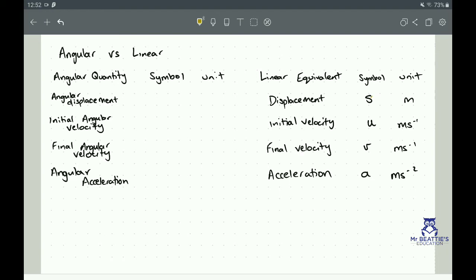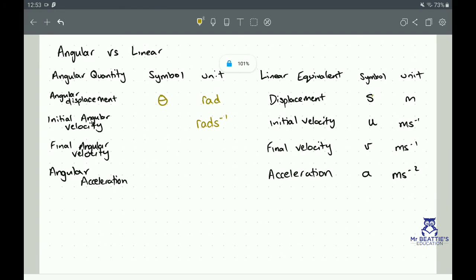We have our angular displacement, which has the symbol theta and is measured in radians. We have an initial angular velocity: if our initial velocity is meters per second, our initial angular velocity is measured in radians per second, and it has the symbol omega naught.